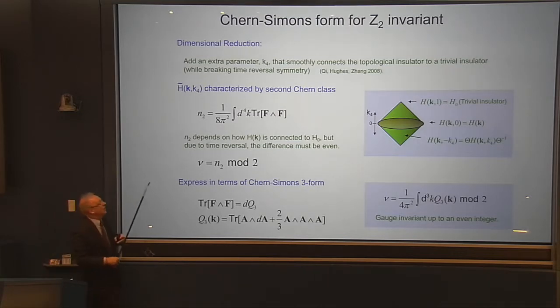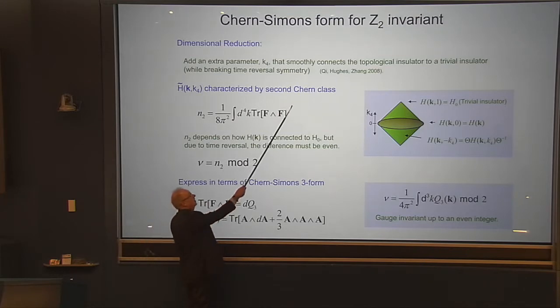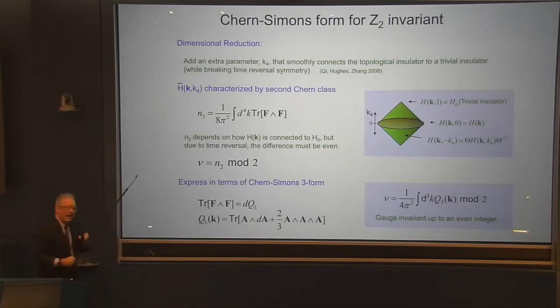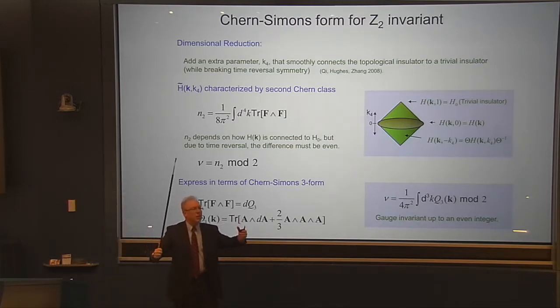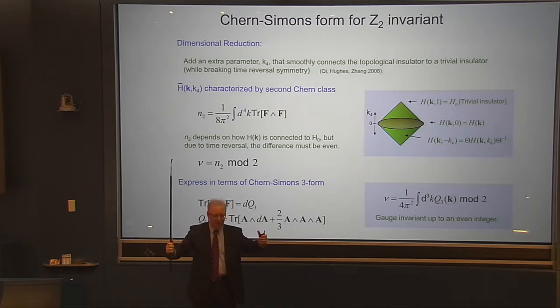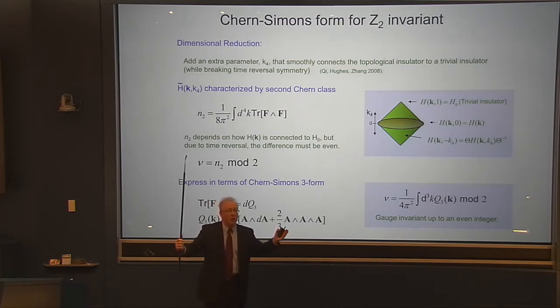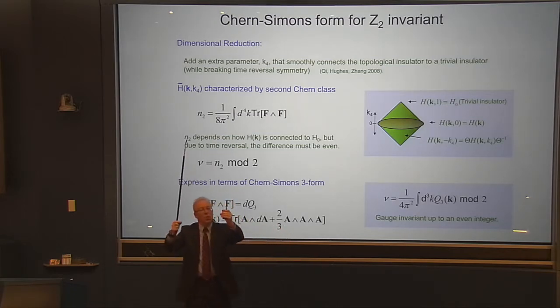Shoucheng Zhang and Xiaoliang Qi had a very interesting insight. Suppose we have time reversal symmetry in this three-dimensional band structure. If I forget about time reversal symmetry, everything's trivial, so I can continuously deform it to a completely trivial insulator.